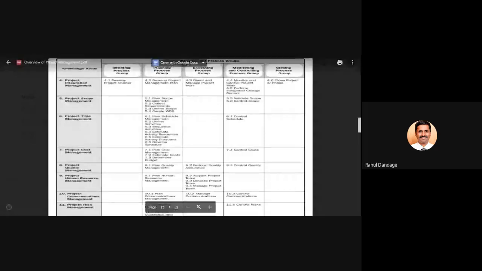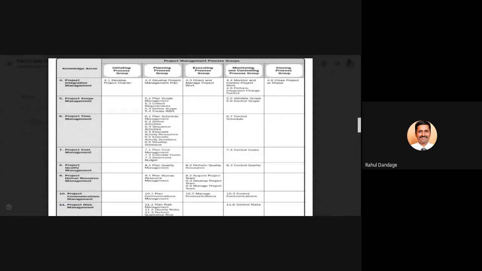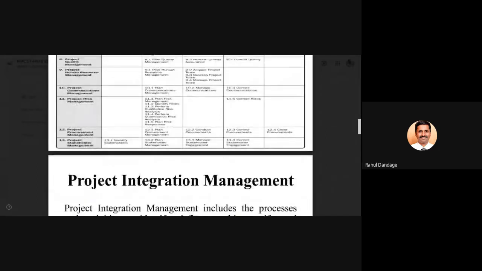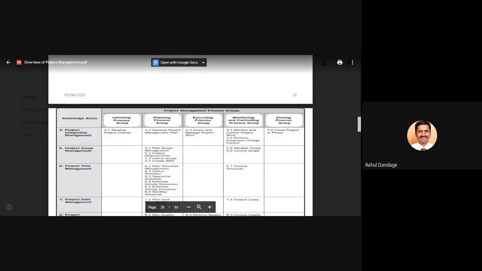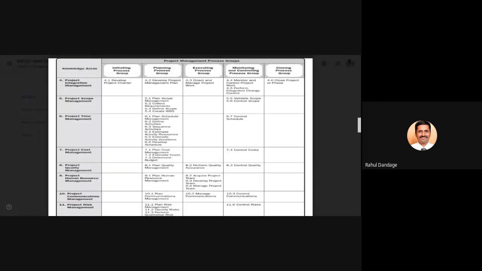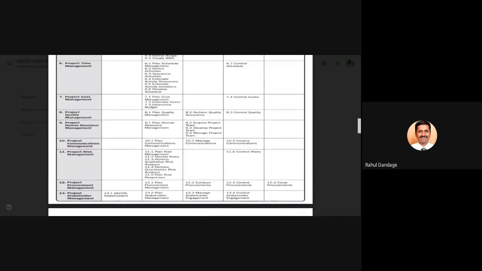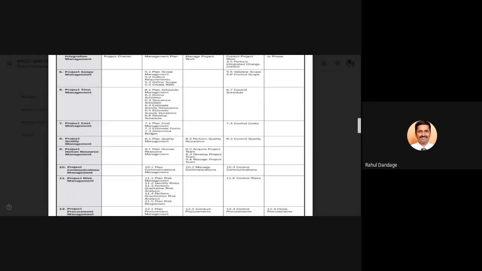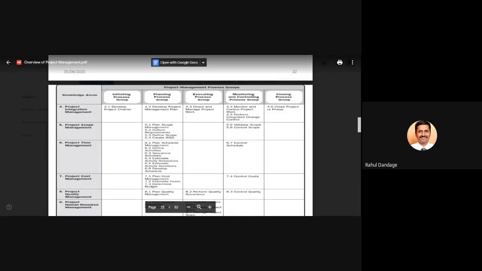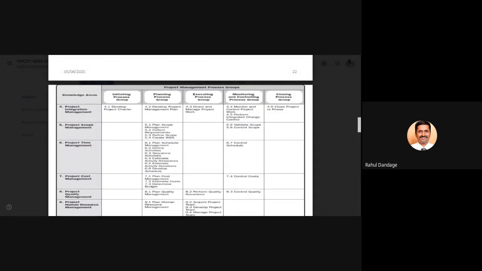So all these activities have been put under the various heads, and it has been linked: the initiating process group and project integration management, project scope management, project time management, project cost management, project quality management. So if I take the first, project integration management knowledge area, it is 4. In this particular project integration management knowledge area, there are total 6 processes involved.